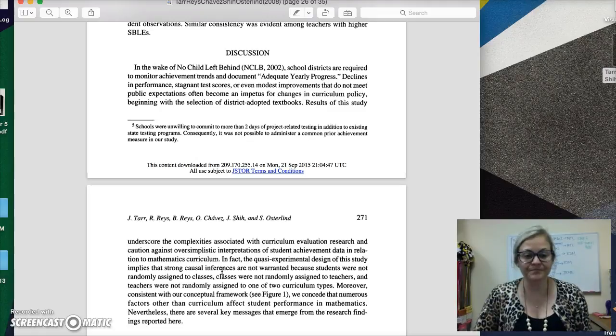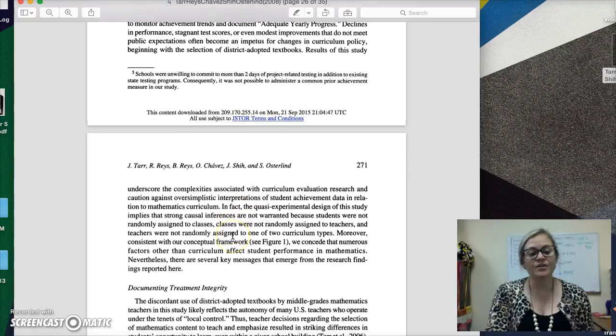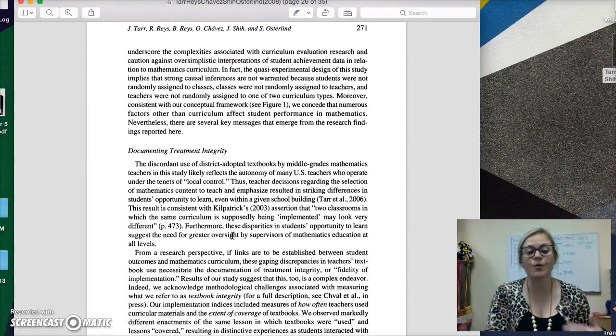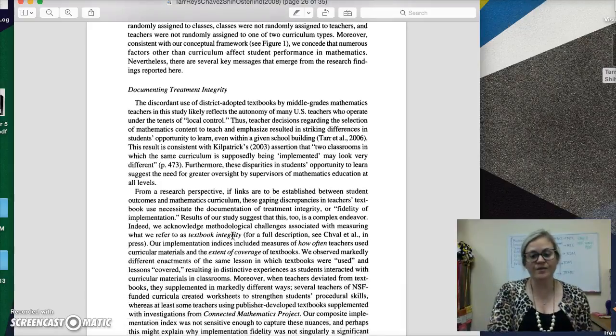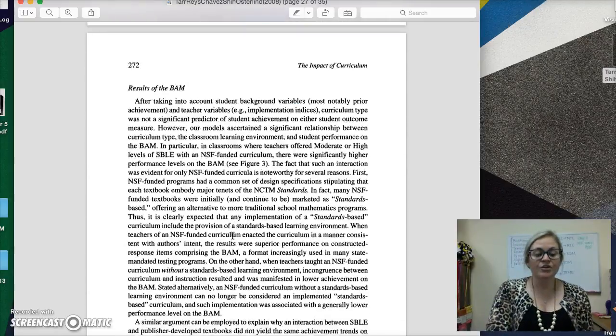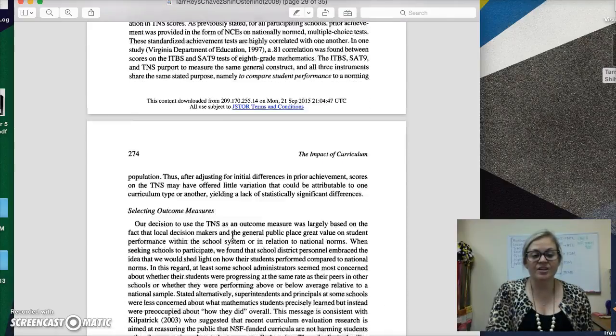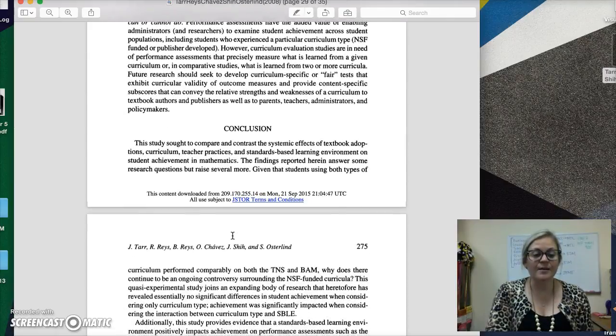So read in between the lines in the quantitative results section, and then the discussion will be another place that you can really think about, okay, what were the results, what were they saying. Usually that concludes the article, the discussion. Sometimes they might make implications to practice and things like that.